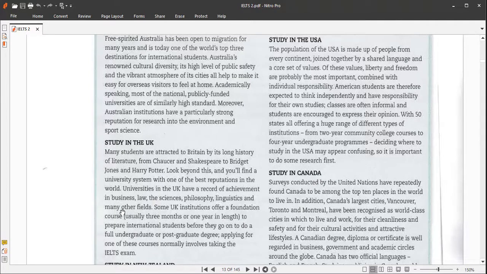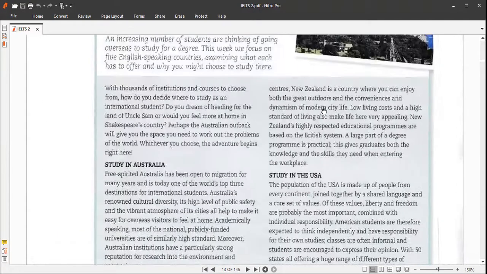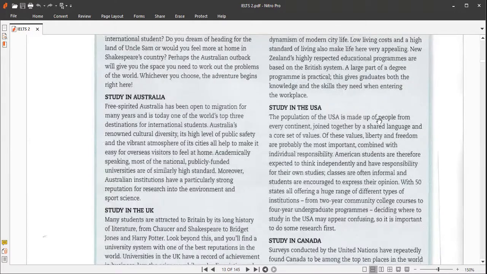You can have record of achievement, foundation courses. What about New Zealand? New Zealand's highly respected system. American students are therefore expected to think independently. Okay, we have 50 states all offering a huge range of different types of institutions.